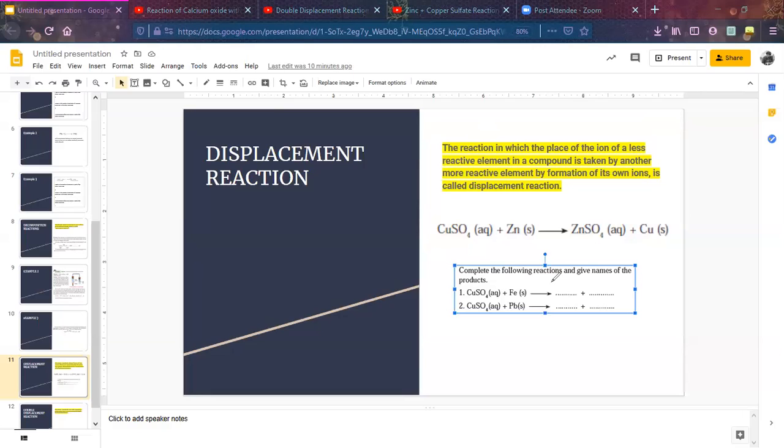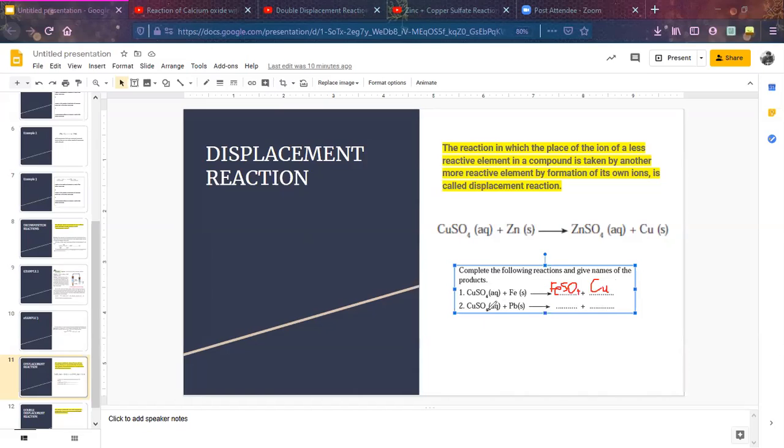One answer will be FeSO4 plus copper. This is one example, where copper, which is less reactive, is replaced by iron.